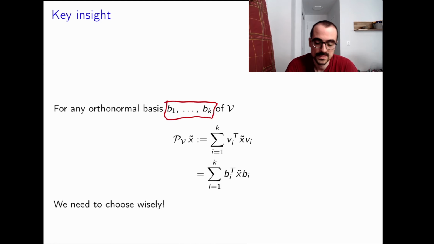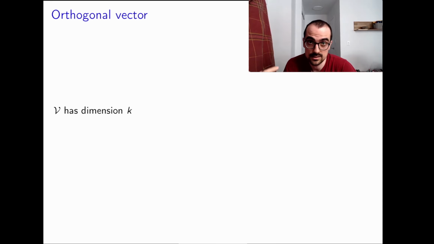So this subspace has dimension k. Why? Because every point inside that subspace is a linear combination of v_1 to v_k. So there is at least one vector that is orthogonal to the first k-1 principal directions. And here you have to remember what we're proving.